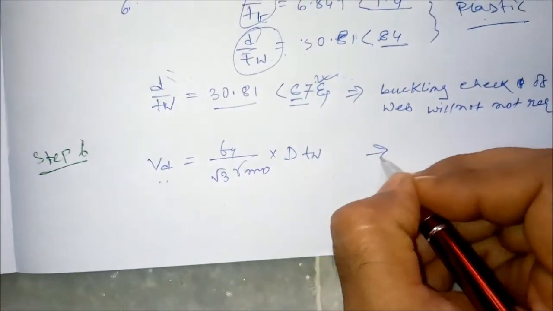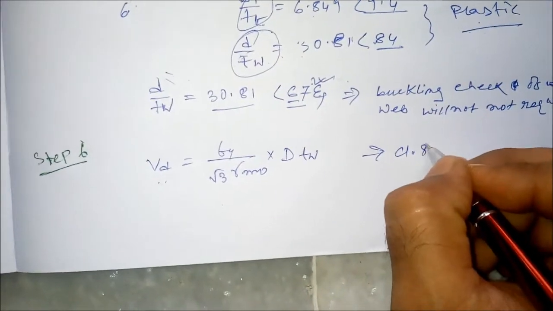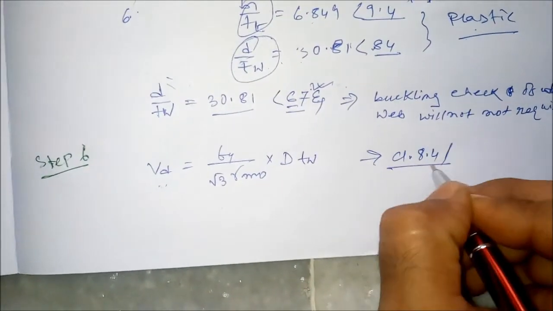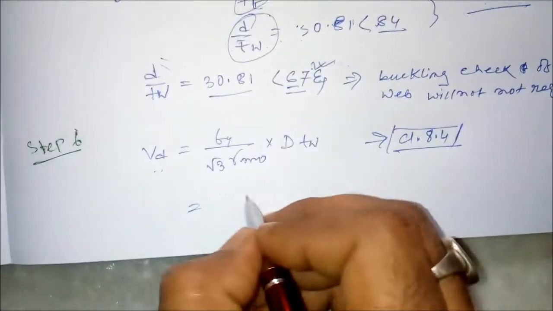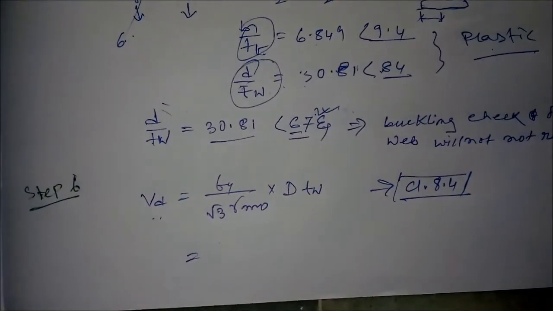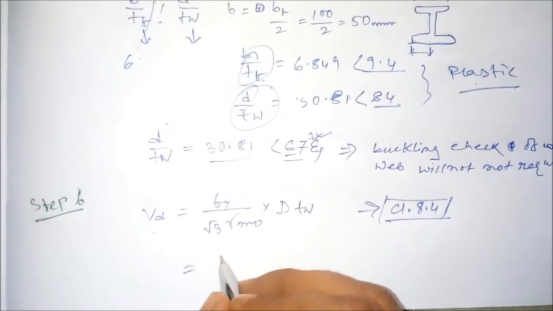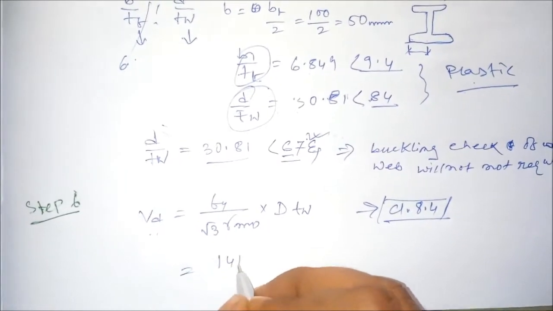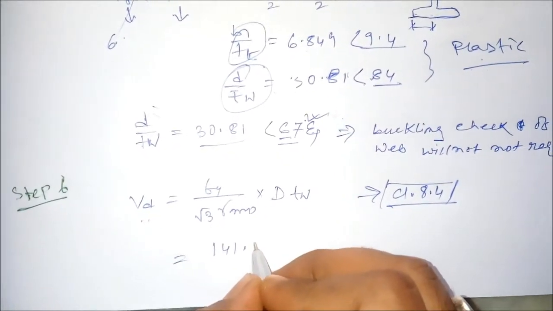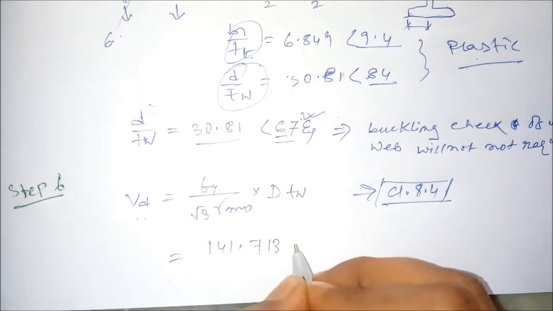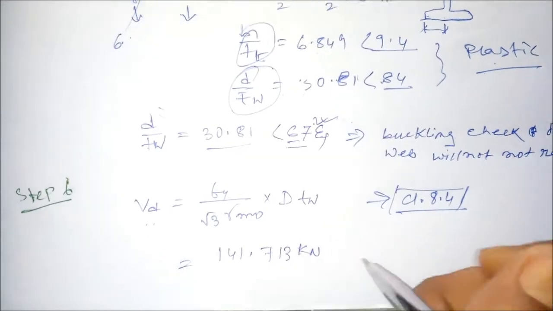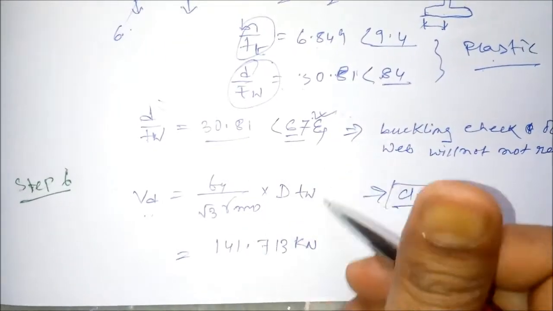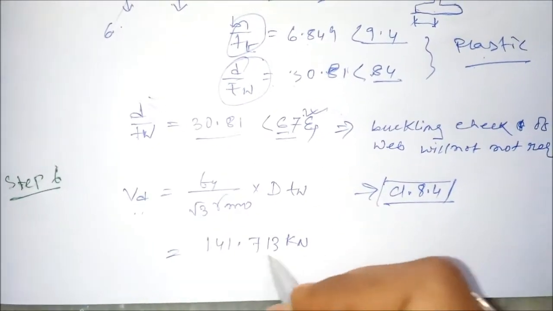This equation you will get in clause number 8.4. All the things are known right now: Fy, gamma m0, capital D, tw. So if you put the values, you will get this value as 141.713 in kilonewton. You have to put all the values and convert it in kilonewton.